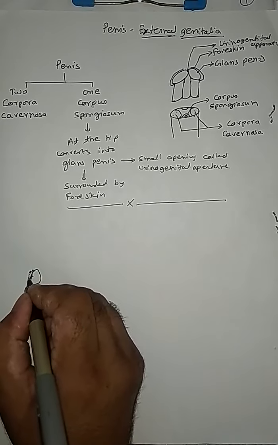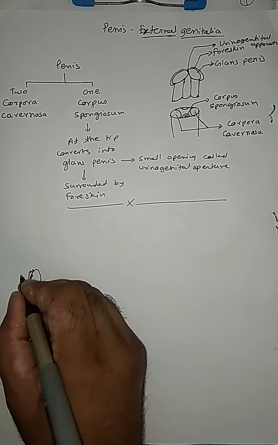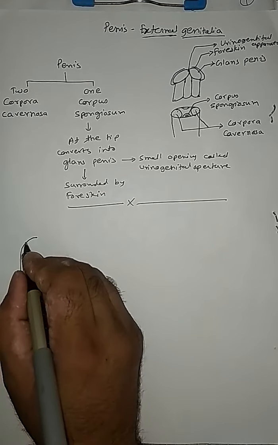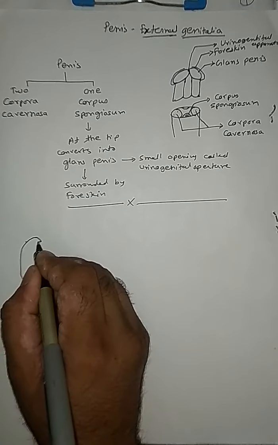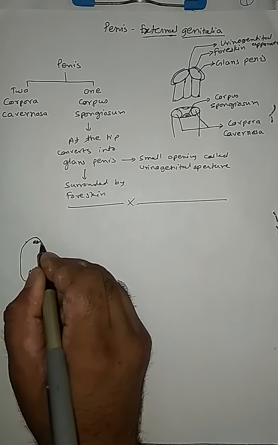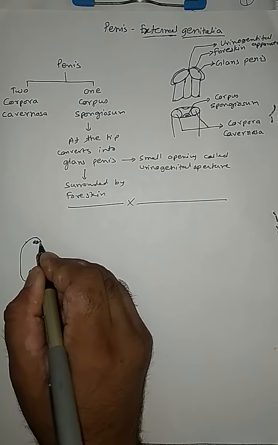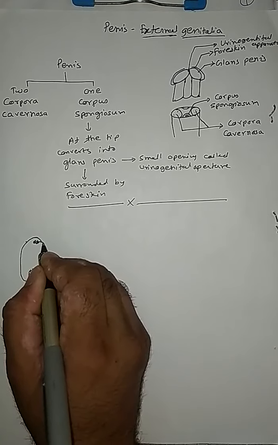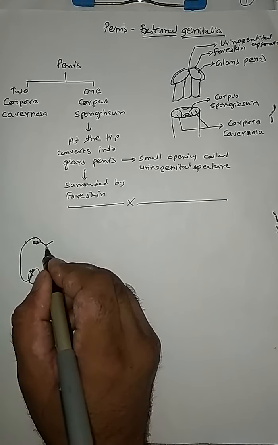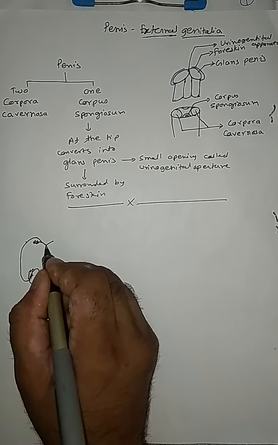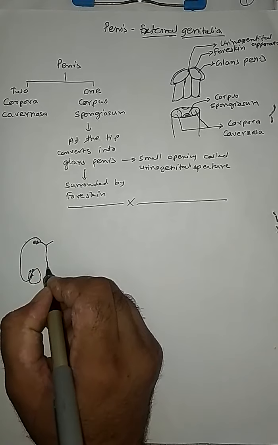It has the epididymis, and through the epididymis the vas deferens comes out. The vas deferens combines with the seminal vesicle, and they form the ejaculatory duct. Then they combine and form the urinogenital tract.